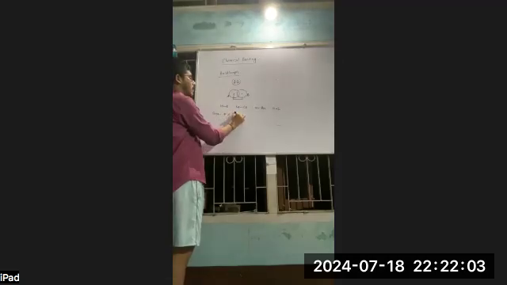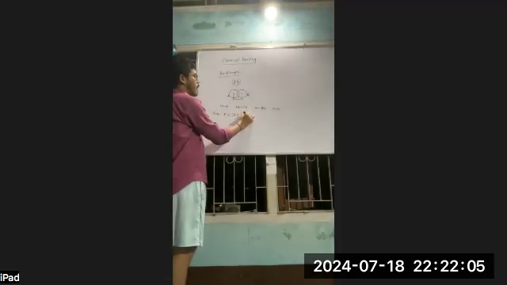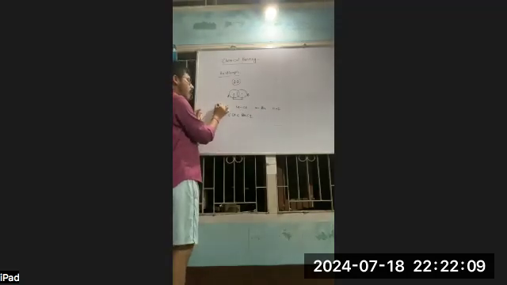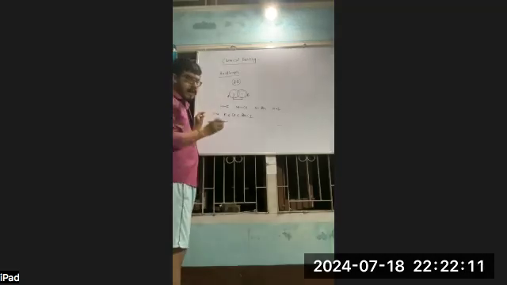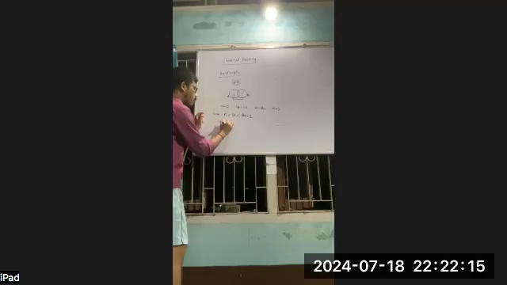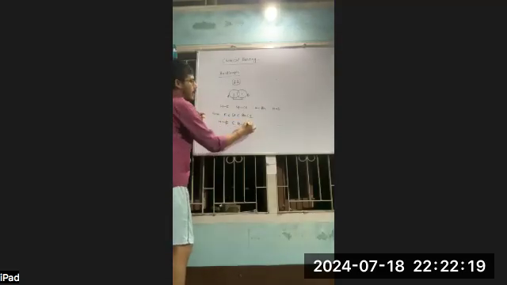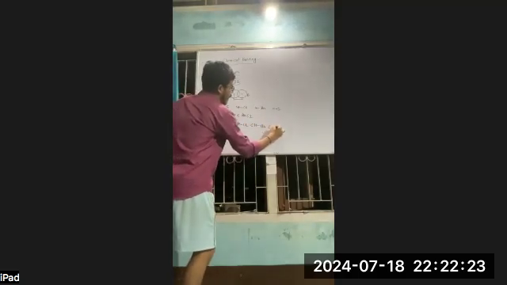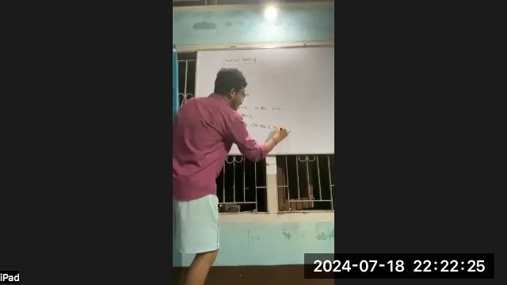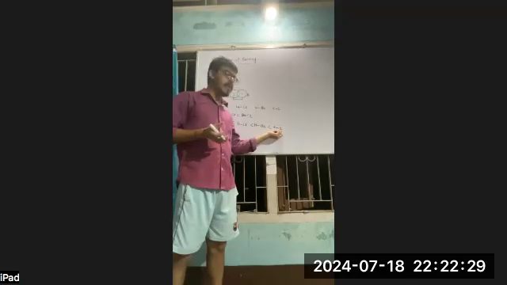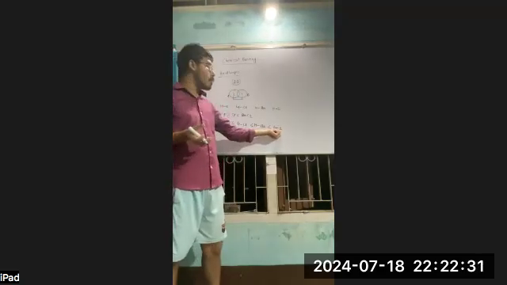So the distance from hydrogen to fluorine is lower than the distance from chlorine. That means the bond length of HF is lower than that of HCl, lower than HBr, than HI. Since iodine is bigger in size, the hydrogen and iodine bond length is more than the hydrogen and fluorine bond length.